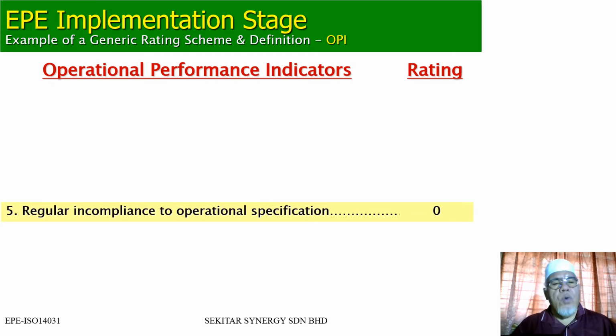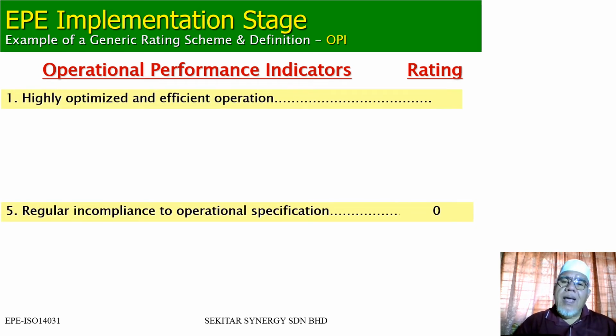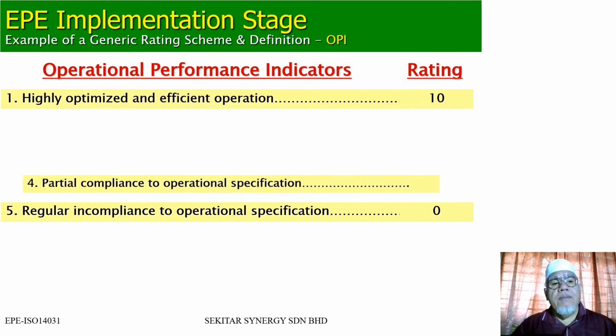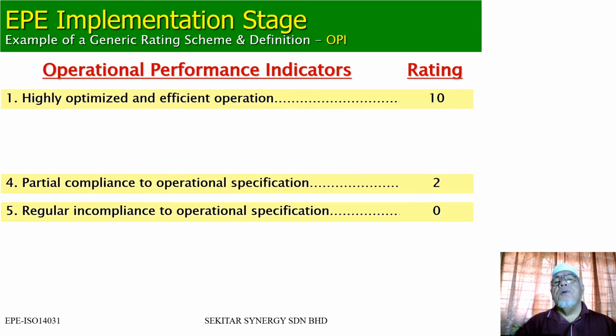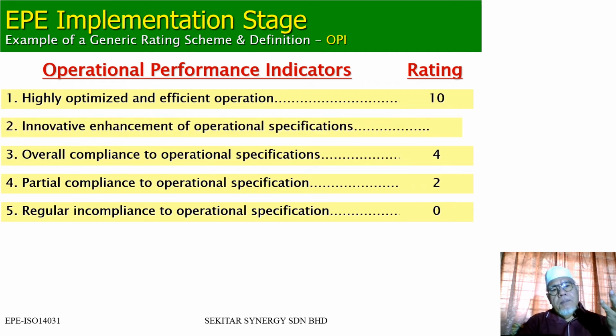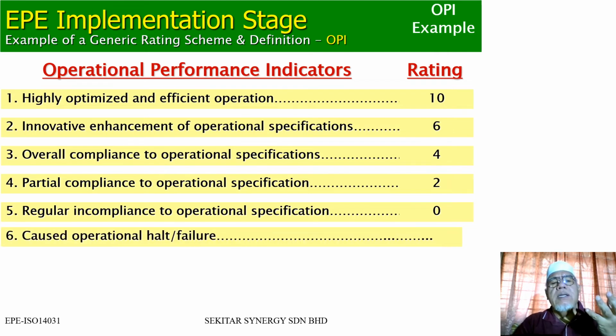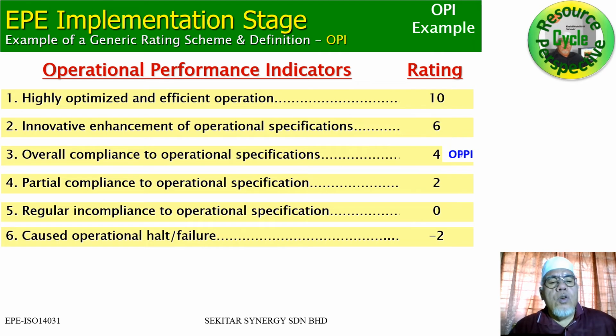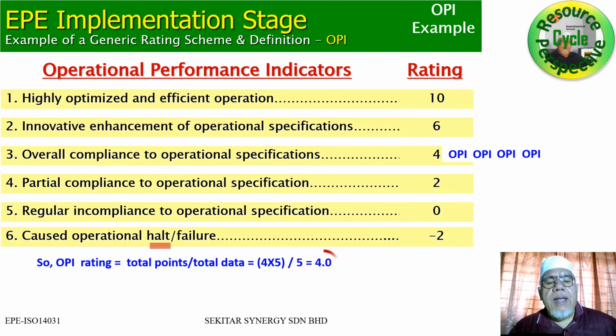We have used this over and over and over again, and it has never failed me by far. So this is talking about operational performance indicators. What have we? You can pause, you can take a screenshot. I'm not sure. This is done before you, and look, causing failure of the operation is a minus.